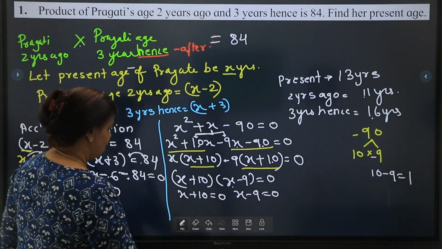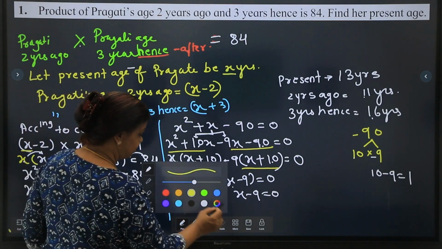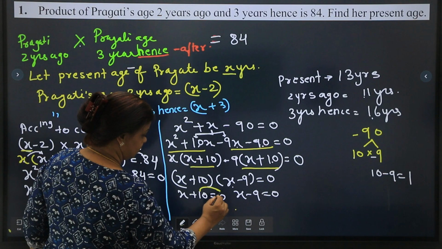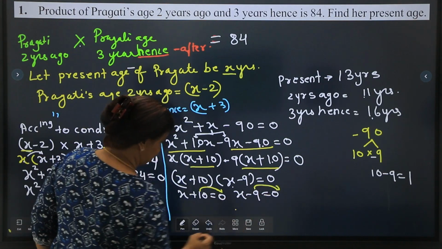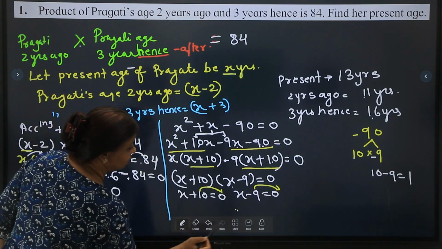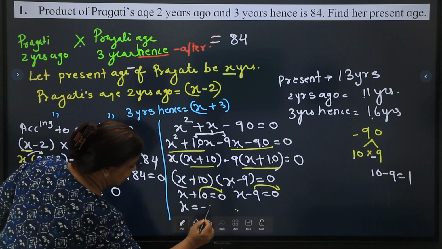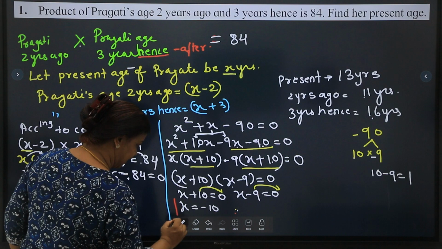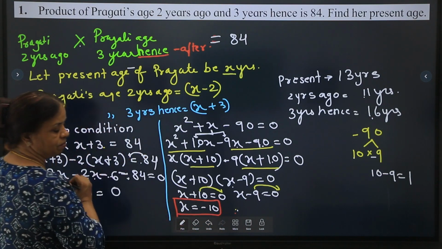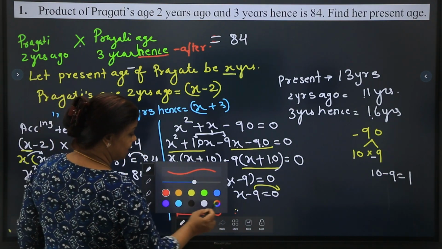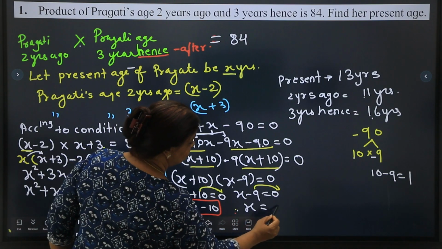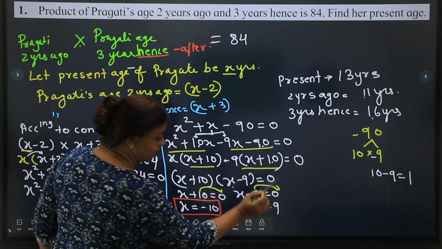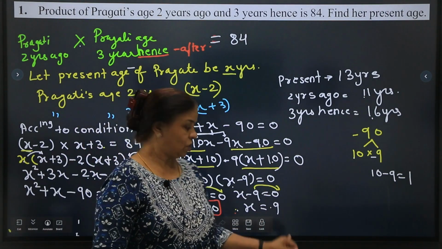Now 10 will be shifted here and 9 will be shifted here. What are we getting? We are getting x is equal to minus 10. So x is equal to minus 10 will be rejected because it is a negative number. So what will be the accepted number? x is equal to plus 9, because minus 9 will go here and will become plus. So x is equal to 9.